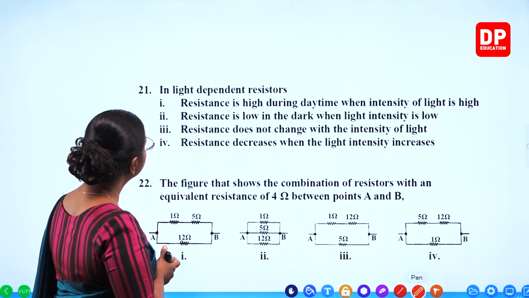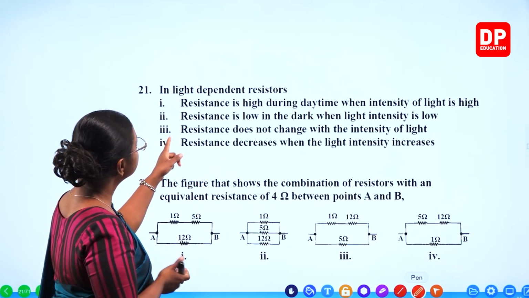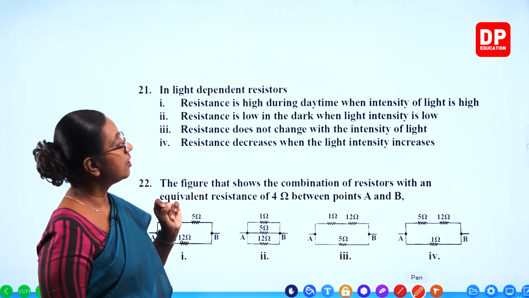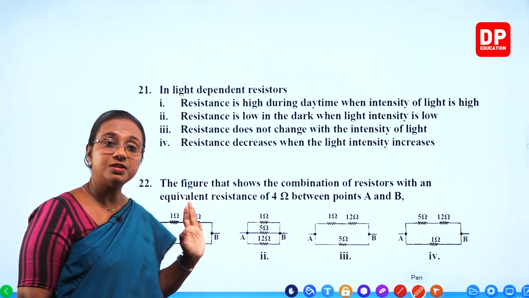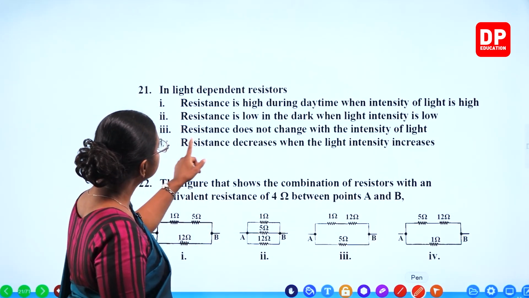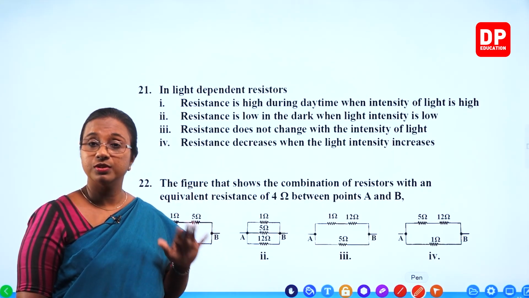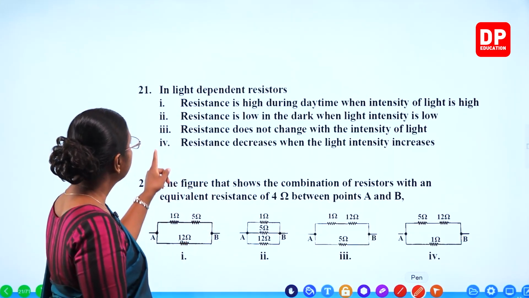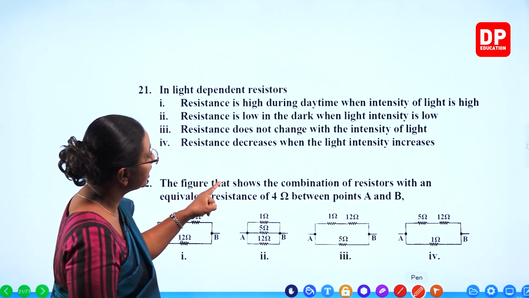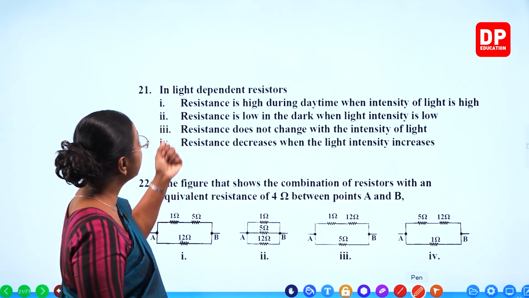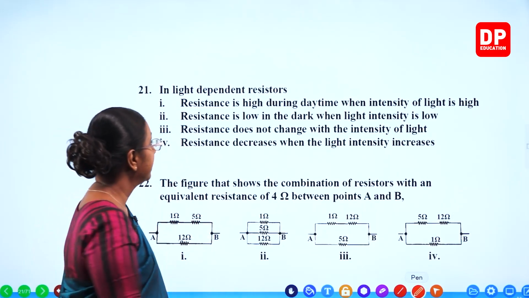So, in light dependent resistors, resistance is high during daytime when intensity of light is high. That is wrong. Resistance is low in the dark when light intensity is low. That is also wrong. Resistance does not change with the intensity of light. That is of course wrong, because these are light dependent resistors.